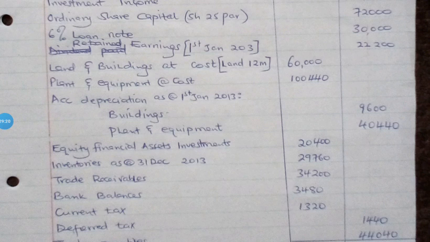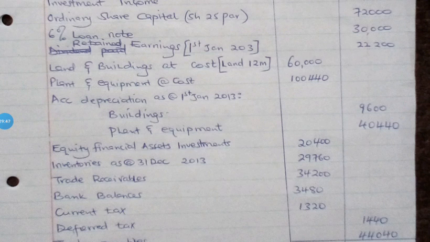You less accumulated depreciation. Accumulated depreciation for our plant and equipment is 40,440, and the balance will be 60,000. That is the net book value before depreciation. So from that, now you can account for the depreciation for the year.